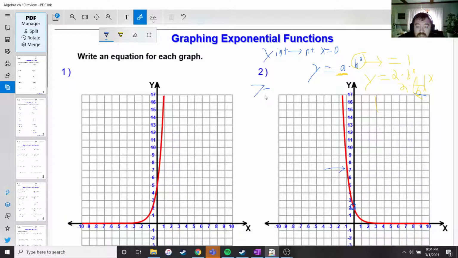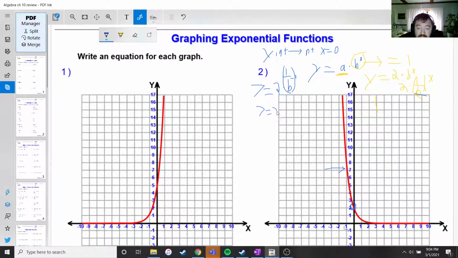We know that 7 is equal to 2 times b to the negative 1 power, right? Because x is negative 1 here. So all that means is that we are flipping it over. So it's 2 times 1 over b to the negative 1 power. So we're going to flip it.